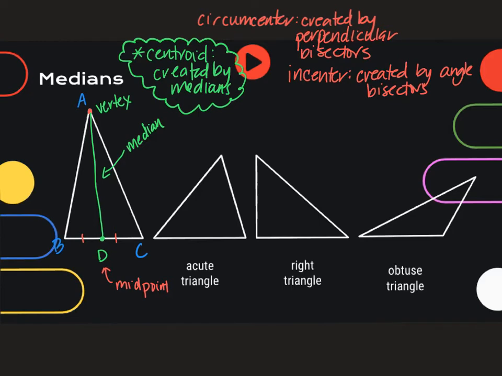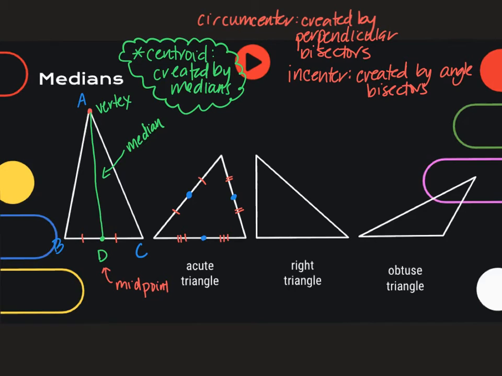So let's take a look at our medians of an acute triangle. Notice that as we draw these, we need to make sure that we point out the midpoints of every side of the triangle. So we have to find the middle point of the side of the triangle, and we mark that with the two congruence notches on either side. So these are all the middle points of each side of the triangle.